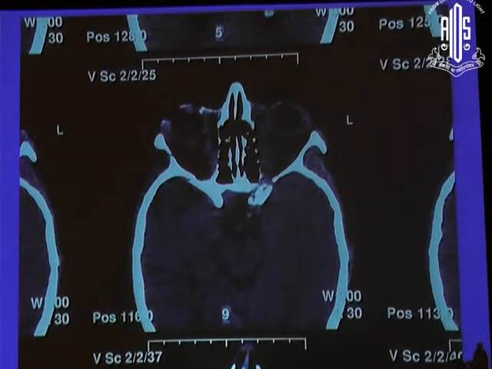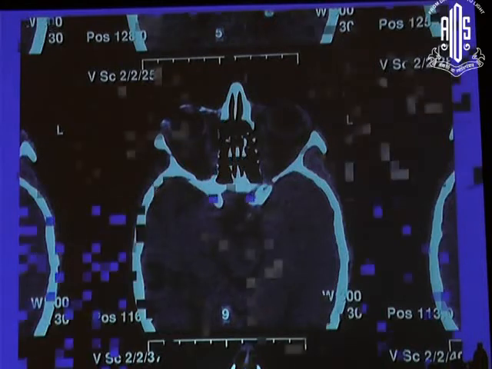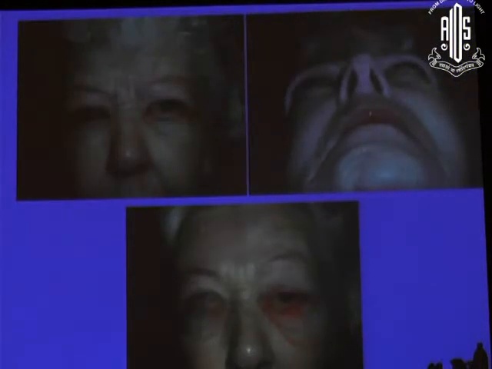Again, it goes to tell you that the grading systems are not as useful for the individual patient. Each patient is different. You need to assess the patient and decide what you want to do. So this patient, because she did not have any active disease, there is no point giving her any immunosuppressive drugs. So she underwent a small posterior decompression and did brilliantly well.